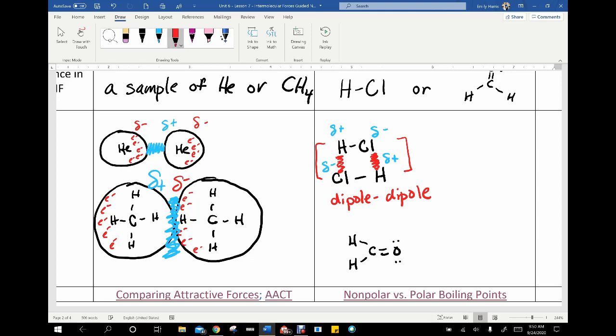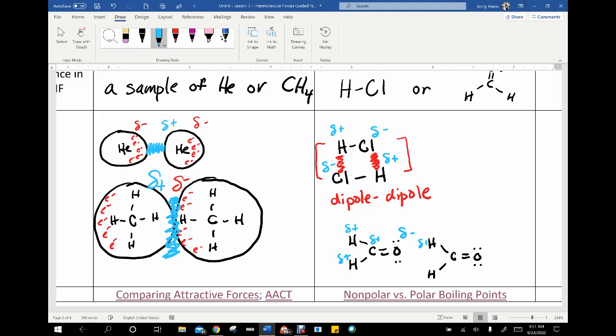Alright, so here oxygen is the most electronegative, so it'll be more negatively charged, and this carbon and hydrogen side will end up being more positively charged. So this is a polar molecule, so if it were to interact with another one of these same molecules, they would align in order to allow those opposite charges to line up and interact.